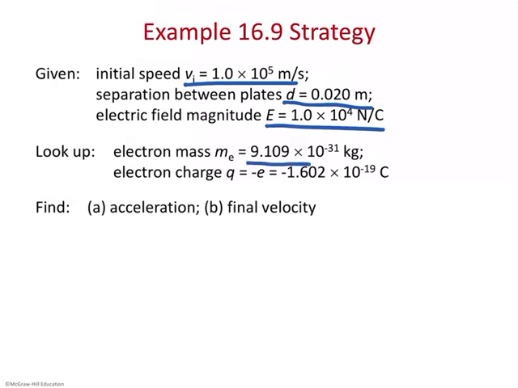And it gives you that the electric field is 1 × 10⁴. And you will need to know the mass of an electron, which is essentially 9.11 times 10 to the negative 31st, and the charge of an electron, which is negative 1.6 times 10 to the negative 19th. So first we're finding the acceleration, and then we're finding the velocity.